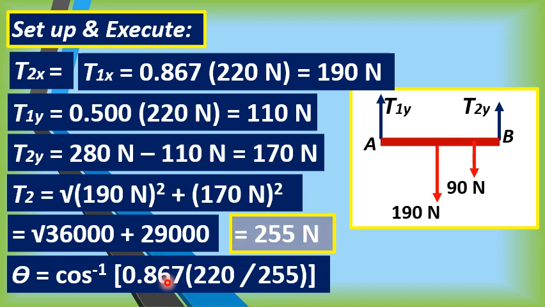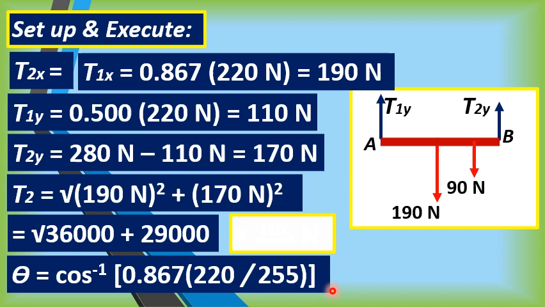This means cosine of T sub 1, equal to 220 newtons, divided by T sub 2, which is equal to 255 newtons.